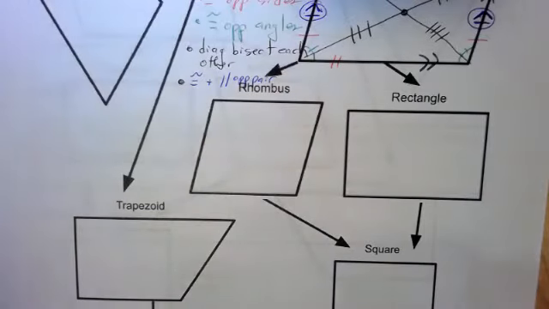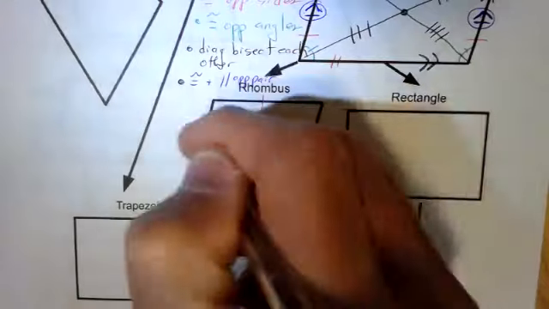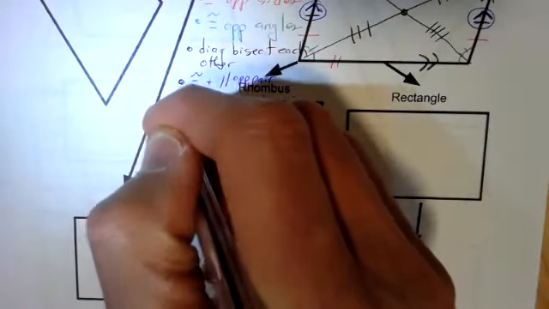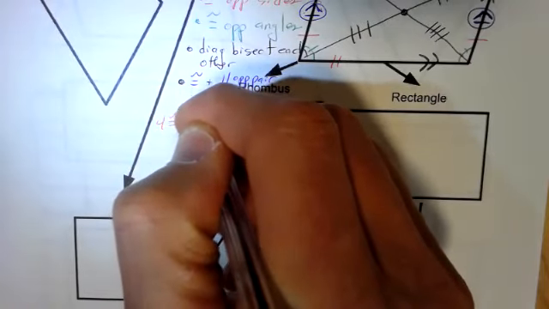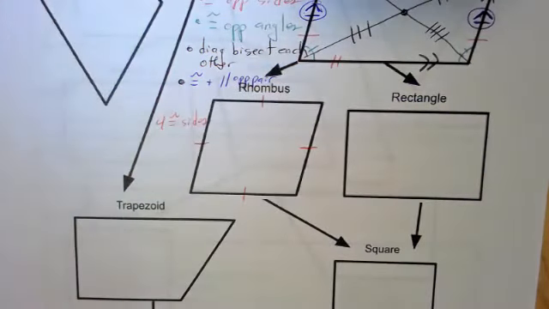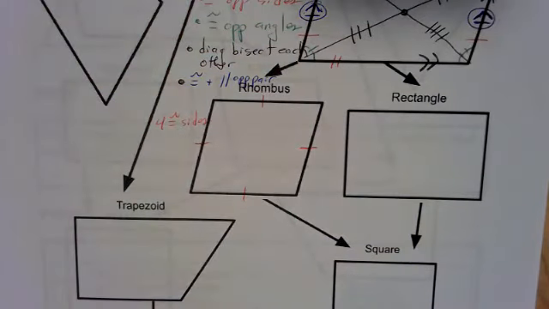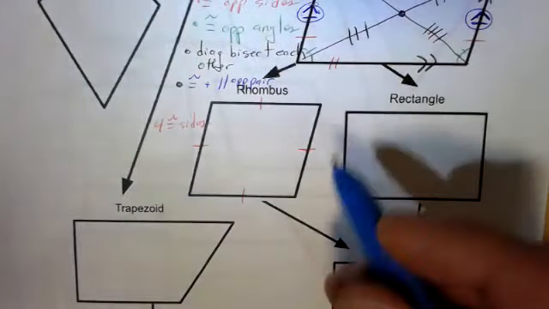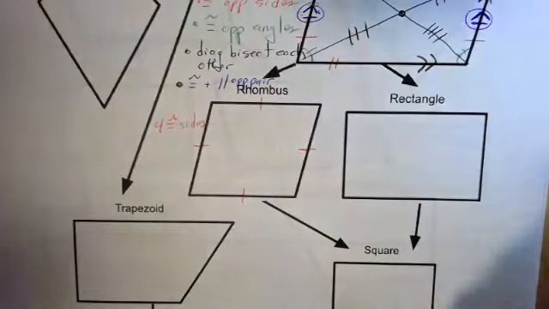All right, rhombus. How do we prove that we have a rhombus? Well, we had already said that we have 4 congruent sides. So that's going to be one of our ways that we have a rhombus. The second way that we can prove that we have a rhombus is the diagonals.